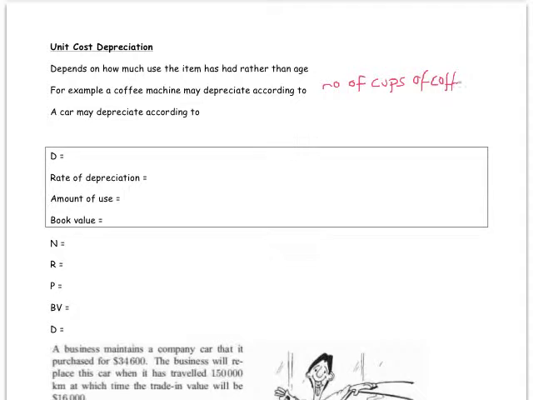And a car, when we're buying a car, we're not only interested in how old it is, we're actually interested in the mileage. So a car may depreciate according to its number of kilometres driven. That's what we say.